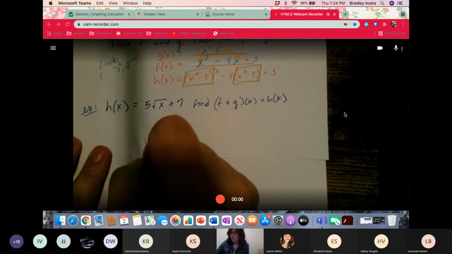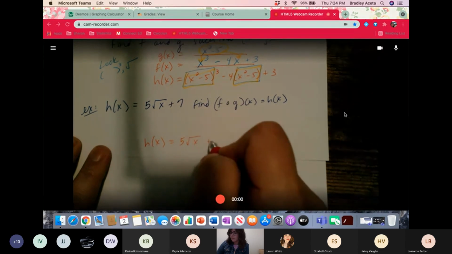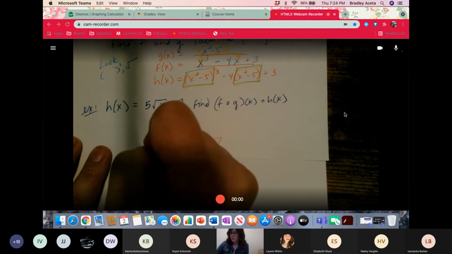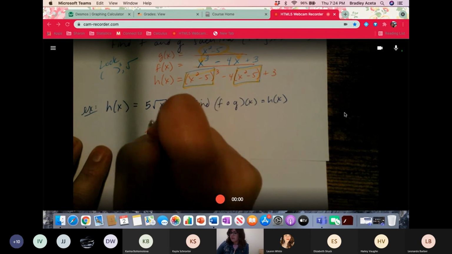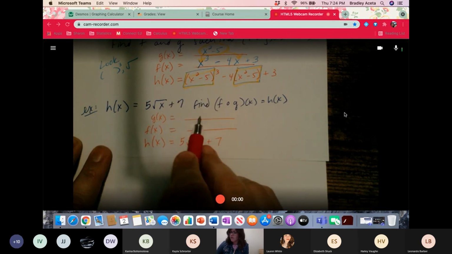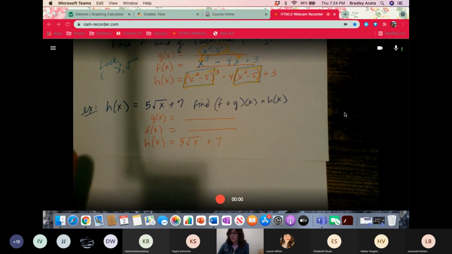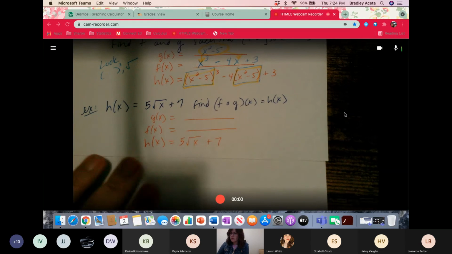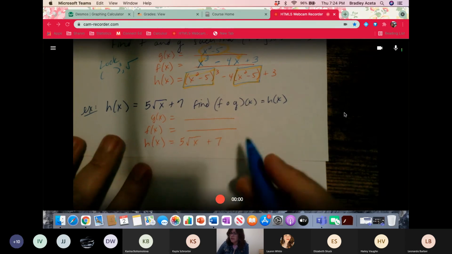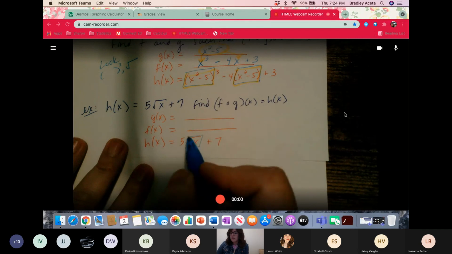So again, working my way backwards. I have this. I need to know what was the f of x and what was the g of x. What was the smaller function that I plugged into a larger function to get me this? So like I said, look for those square roots or those parentheses. Right here is a square root.